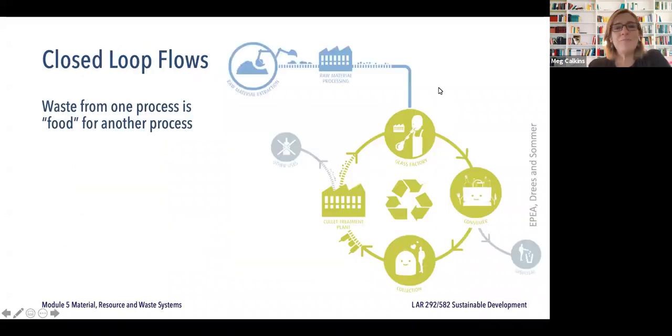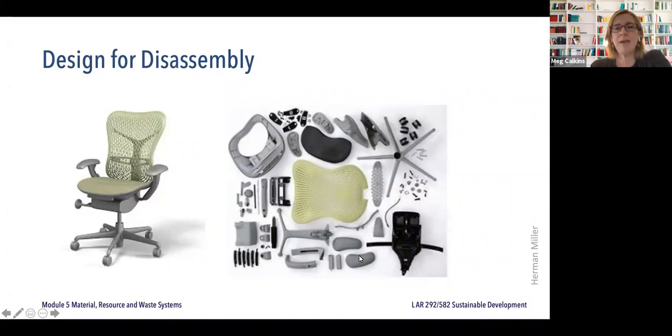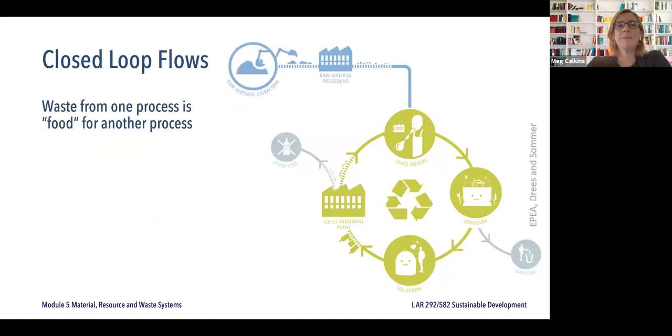The seat back can be reused on a new chair. The hydraulic system for raising and lowering the chair, or the component parts of that system, can be reused. So this chair was designed to be disassembled and reassembled, some of the parts in different ways, or at least for the parts to be recycled at the very least. That's called designing for disassembly.